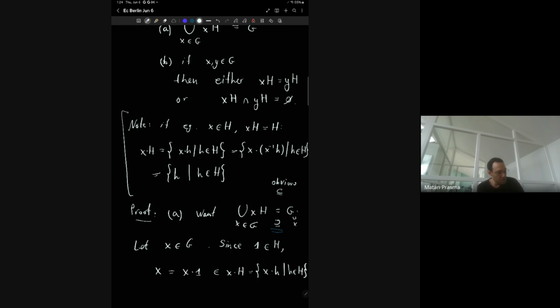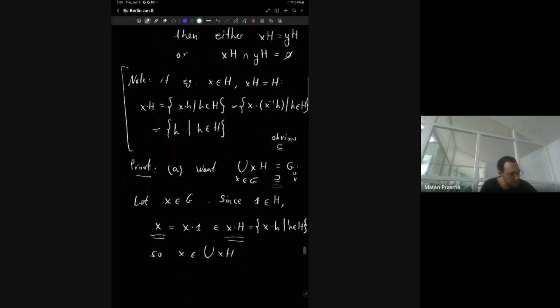So the bottom line is that x is an element in the coset xH. So if it is an element in one of the sets of the union, then it is an element in the union of sets. So x is in the union of all xH.